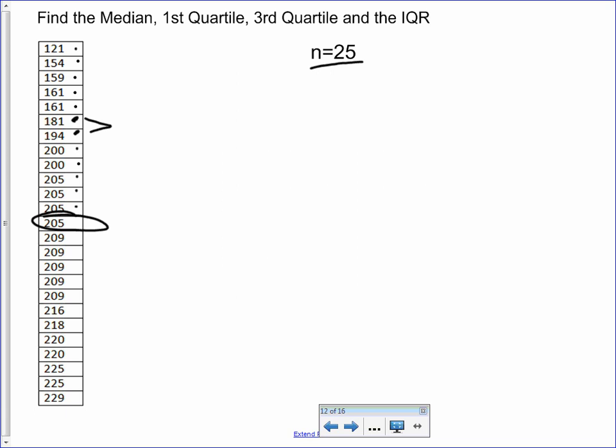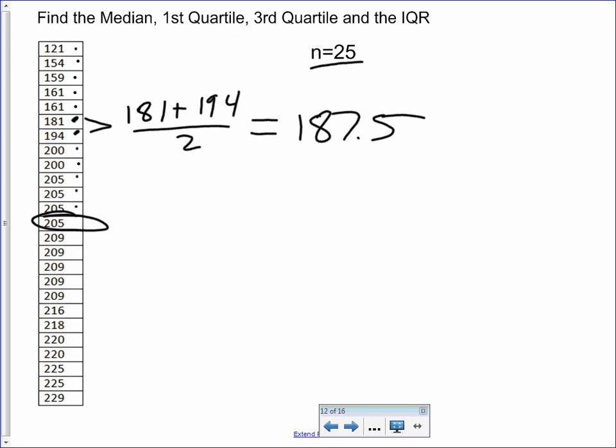So 181 plus 194 divided by 2. Right, so we go 181 plus 194, and we get 187.5.